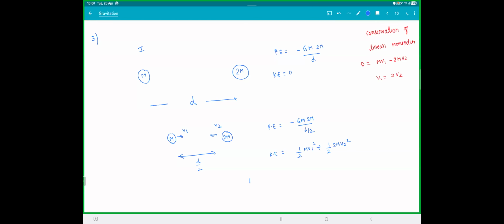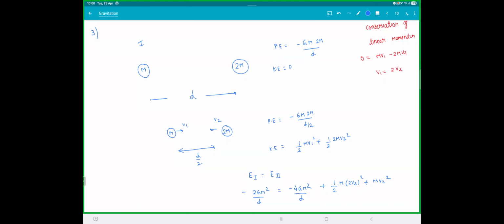Initial energy is equal to final energy. Minus 2Gm square by d equals minus 4Gm square by d plus half m v1 square, so that is half m (2v2) square, and this is m v2 square. You can simplify this further. How much do you get?